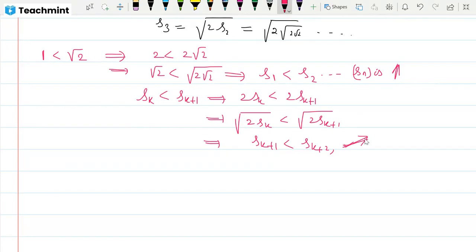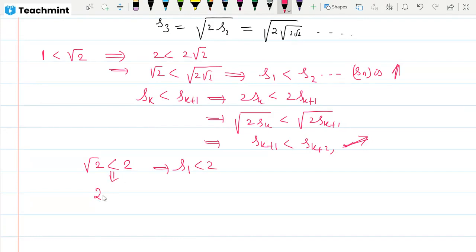If it is increasing and bounded above, then it is convergent. So next we prove boundedness. Clearly, root 2 is always less than 2. So the first term is less than 2 because the first term is root 2. Now multiply by 2 on both sides.